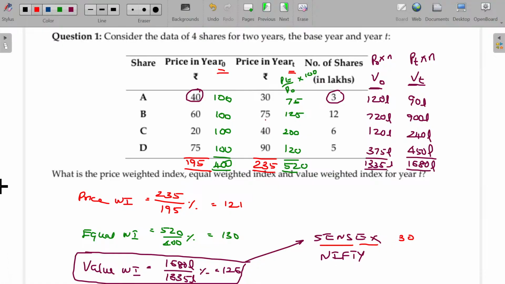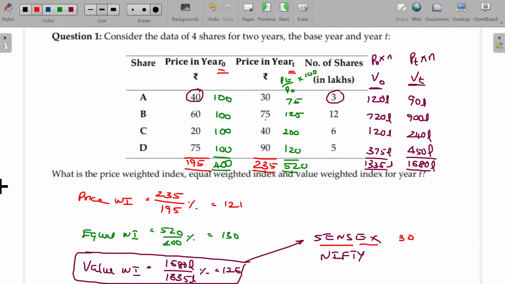You choose the top 30 companies using market capitalization. After arranging all the listed companies in BSE, Bombay Stock Exchange, based on market value in descending order, take the first 30 companies.